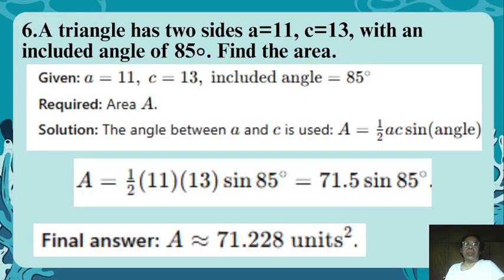So the solution, area is equal to 1/2 times side a times side c times the sine of the included angle, which is angle B. Substituting all the given data, our final answer is 71.23 units squared. We will have the next part of our lesson, Quarter 3, MG, Lesson 2.